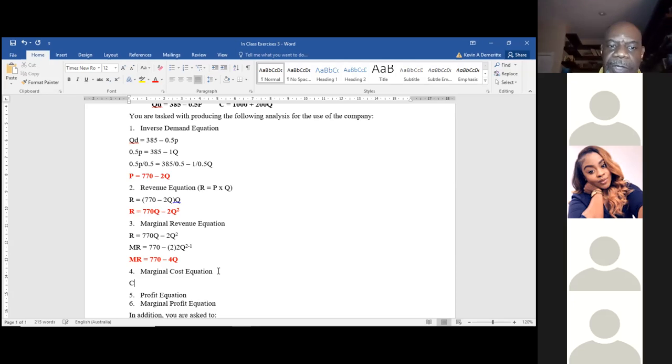Because our cost equation is equal to 1,000 plus 200q. Our marginal cost, therefore, we already know what this is, right? The change in cost divided by the change in q.